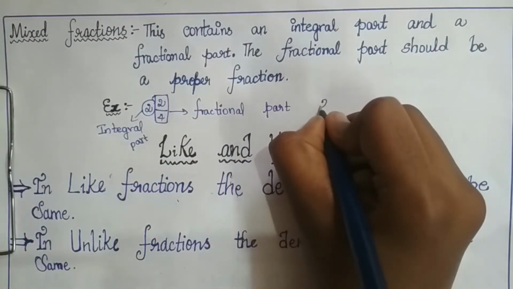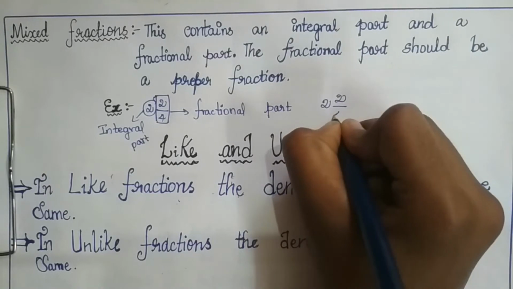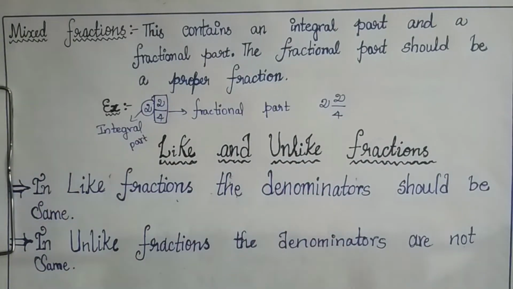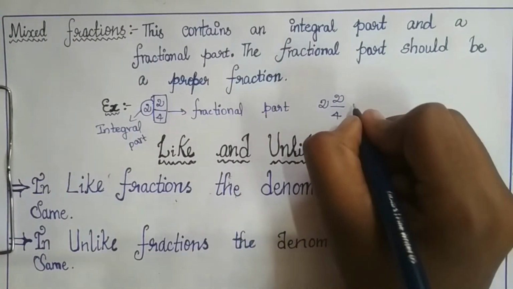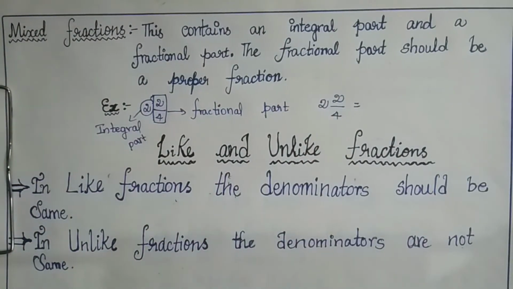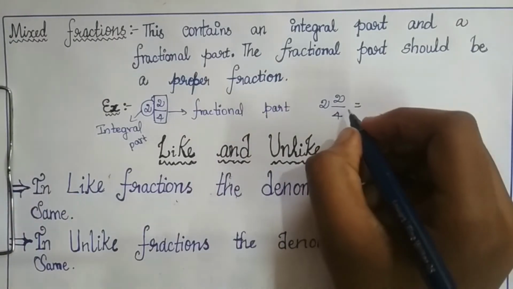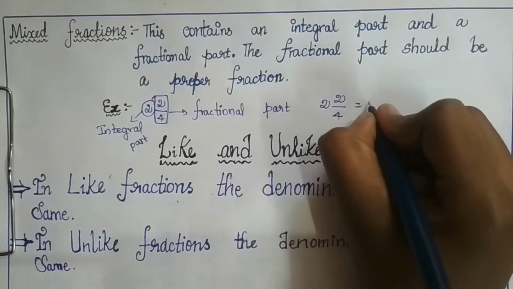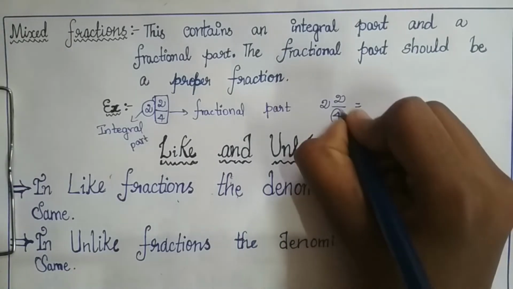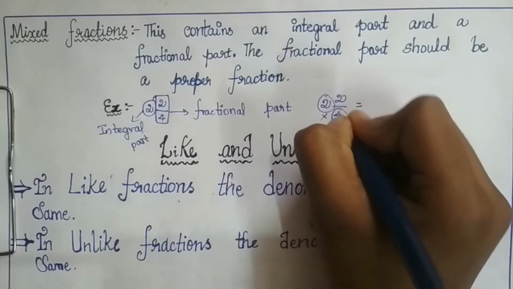So, now this 2 and 2 by 4, if we want to change it into a normal fraction, how to do? Let us see. It comes only as an improper fraction. So, here 4 2s are 8. So, the whole number and the denominator should be multiplied.